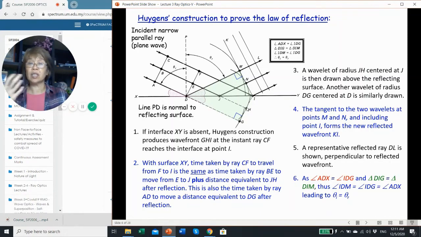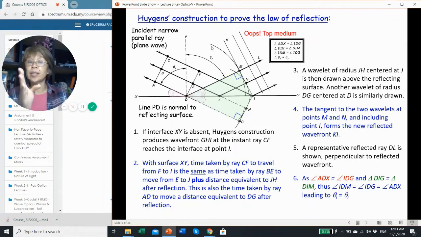So to construct a new wavefront, what we do is we will then draw a wavelet for this ray centered at position J. We take this as the radius, we draw the new wavelet, and that will reach up to the medium above. And likewise for this one, this would be centered here, and we draw this wavelet right up to the top surface.